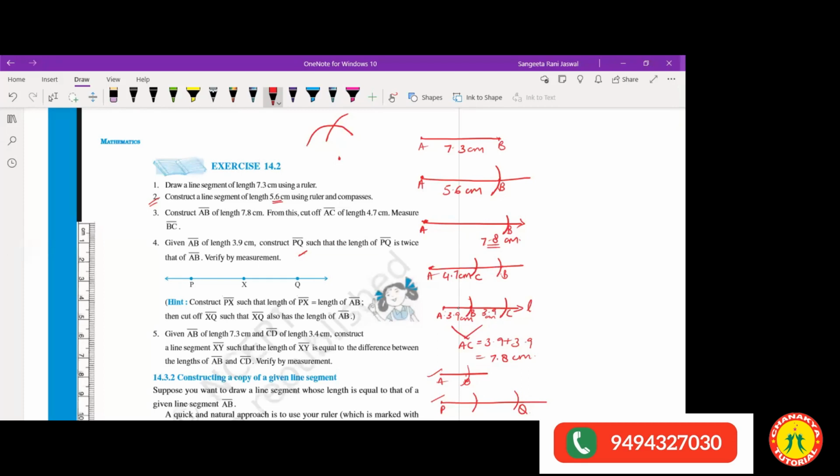Please make two lines first, 7.3 and 3.4 centimeters. Make two different lines. Just with the ruler, you can make 7.3 and 3.4.